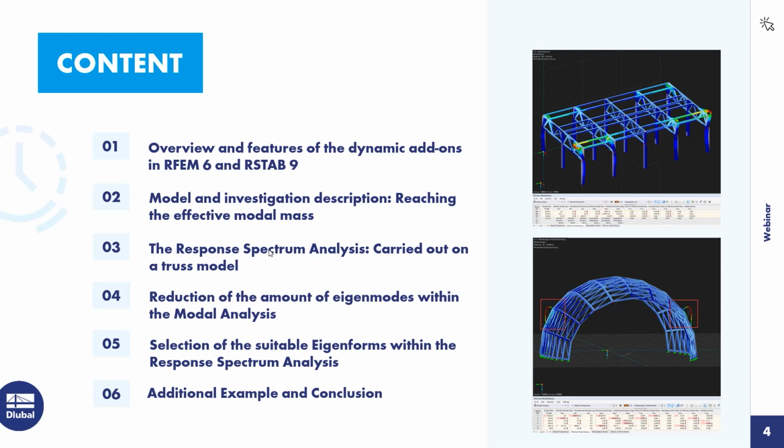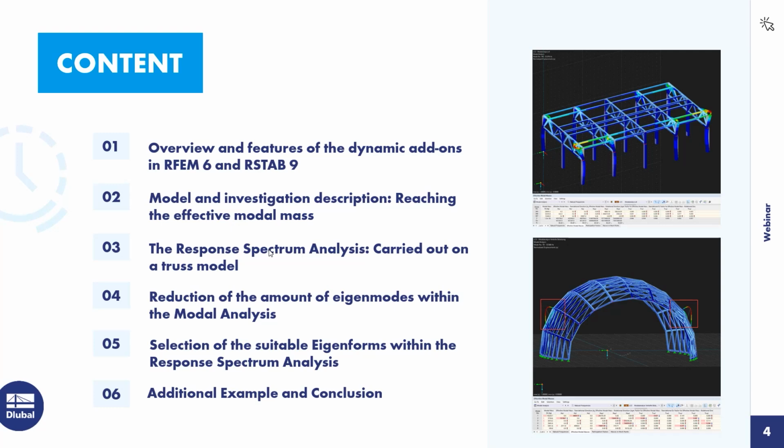I will briefly explain the model itself and also describe the investigation we try to make. The investigation will be to reach the effective modal mass most efficiently. Then the next step is to perform the response spectrum analysis on that truss model.